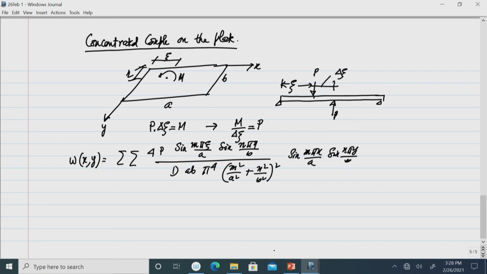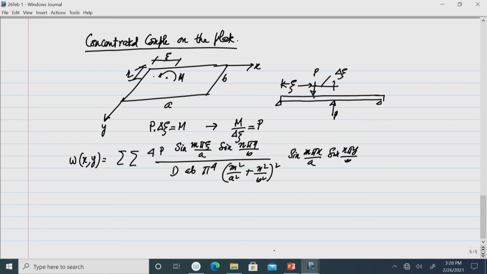So, in the downward loading case, we will replace P by M by d xi, and the location will be replaced as xi, and eta remains as it is. But when we come to the neighboring load at a distance of d xi apart from xi, then we replace xi by xi plus delta xi, and eta remains as it is, because the couple is acting along the x direction.